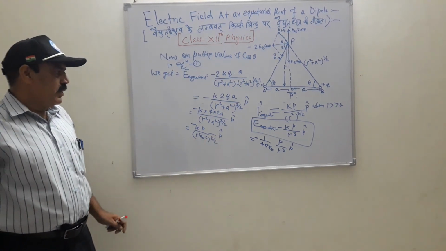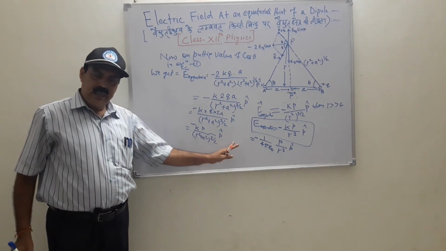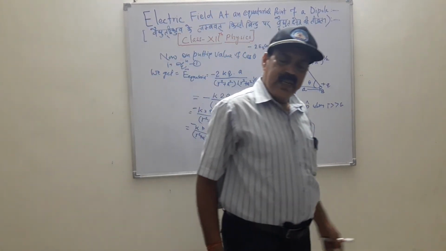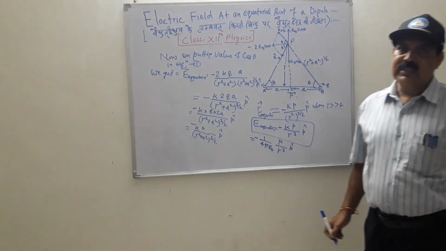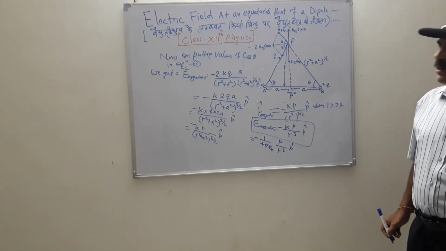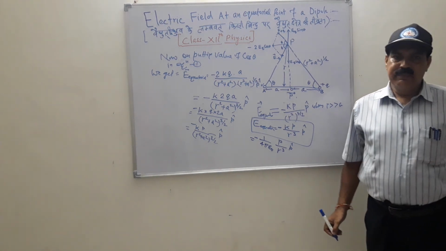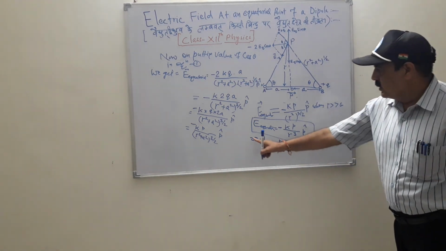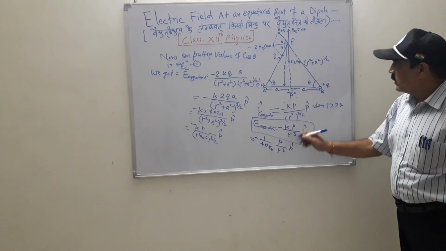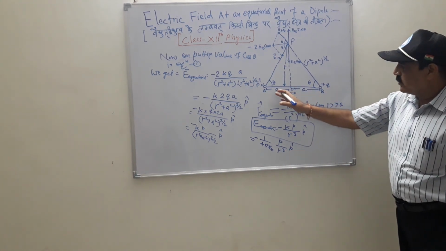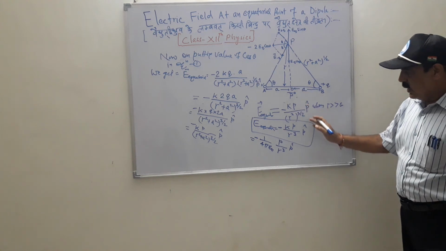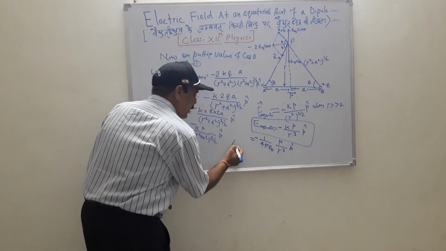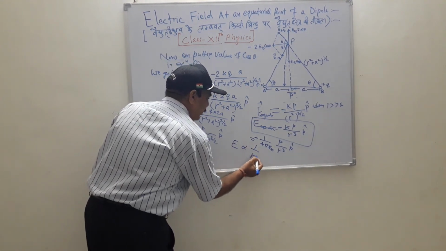This gives the resultant electric field at point P, situated at an equatorial point at a distance r from the dipole. As we see here, the resultant electric field works in the opposite direction to the dipole moment, and its value E is inversely proportional to r cube.